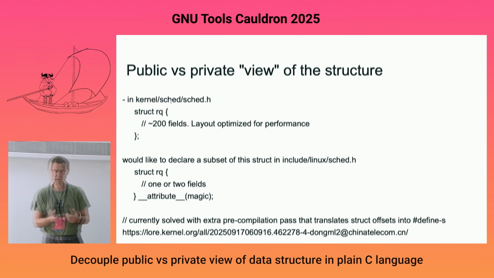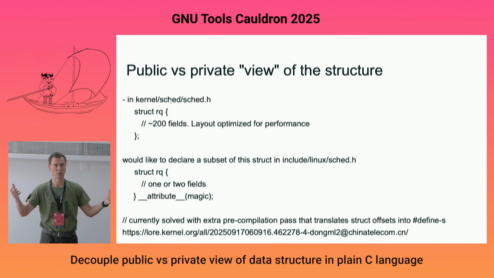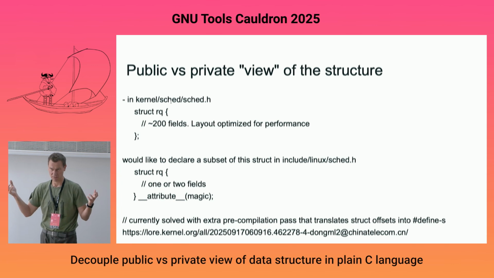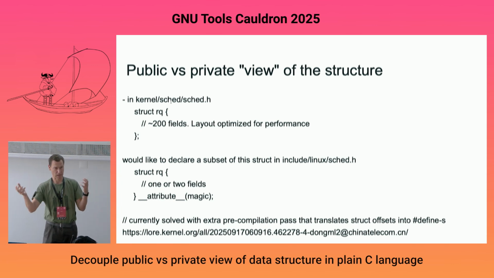So the challenge is that we cannot expose the whole struct rq to the whole kernel, because then it's harder to maintain and see who's accessing what, since the kernel is gigantic, millions of lines of code. What we effectively want is private and public views, if C as a language had this feature where the same data structure can have a public and a private view.